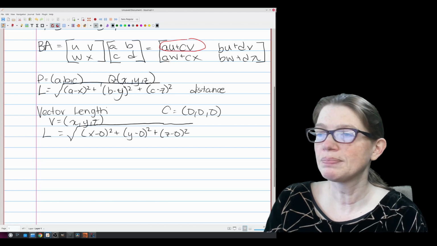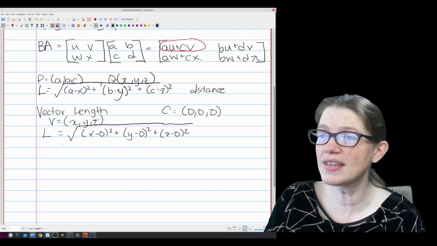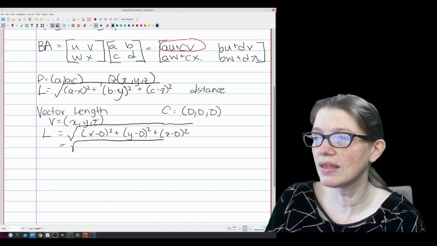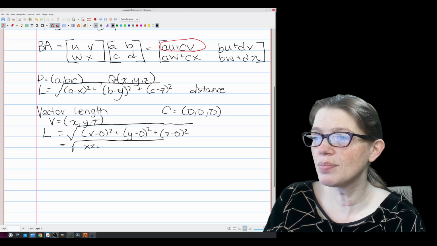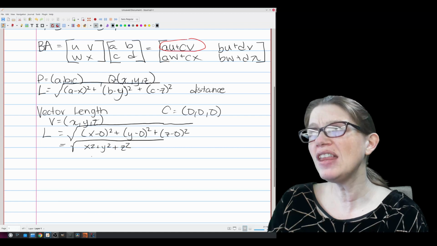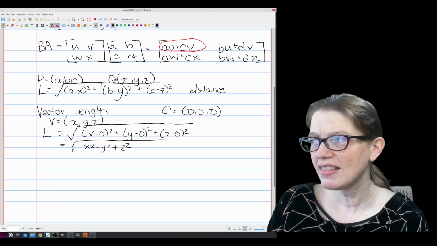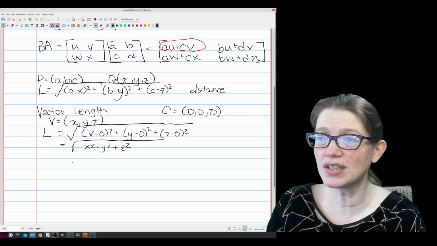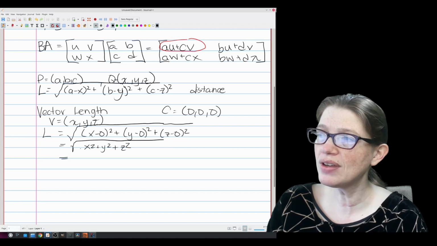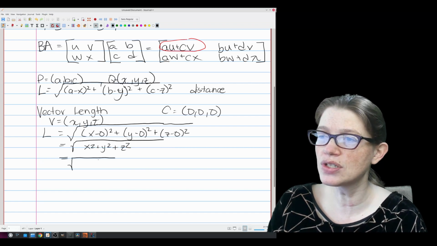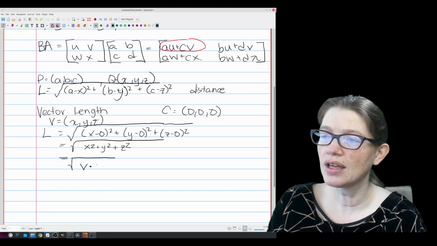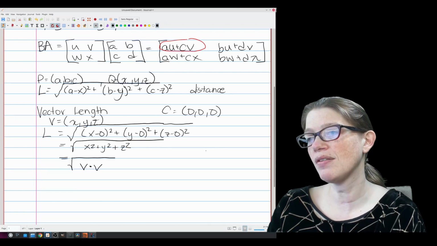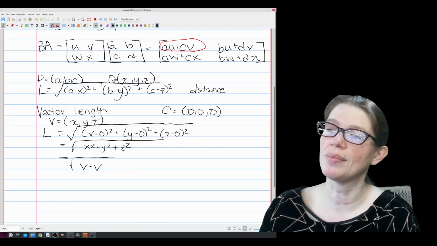That's pretty nice. But we can simplify this more. So what we actually end up with is the square root of x squared plus y squared plus z squared. And if I look at that, I realize, wait a minute, that's just the dot product of the vector with itself. So vector length is equal to the square root of the dot product of the vector with itself. And that's a pretty useful little formula to have on hand.